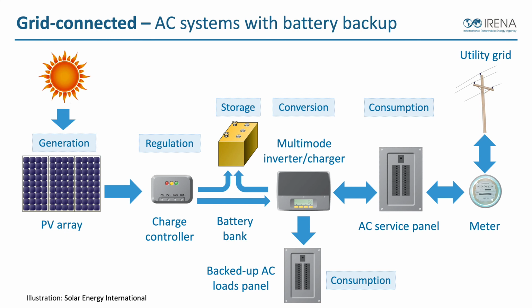Now, if we want solar and we want to be able to synchronize with the utility, but sometimes our utility goes out fairly regularly and we need some sort of backup system, then we can integrate what we call a multi-mode inverter charger. That multi-mode inverter charger is designed to do a couple of different things.